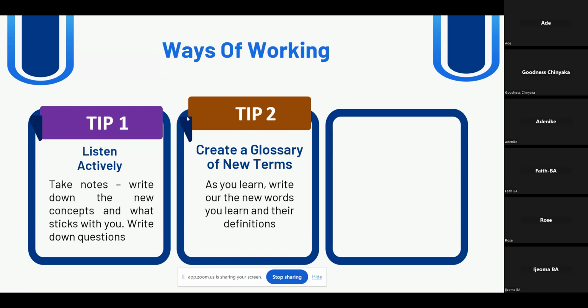That's your own personal glossary, and it will help you immensely when you're creating your CV. Business analysis has a lot of these terms, so when you're building your CV, you won't have to remember. You already have your glossary to refer to.